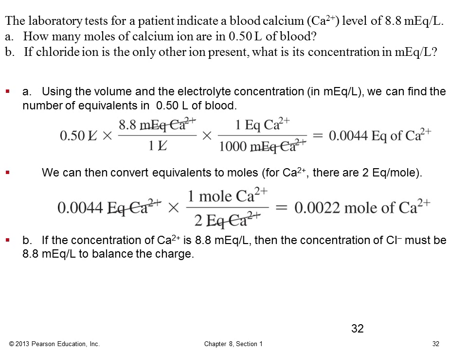That works out because we have 2 moles of chlorine for every 1 mole of calcium, but chlorine only has a -1 charge. So the equivalents are the same for chlorine as for calcium, and we have the same concentration of milliequivalents per liter from the chlorine as from the calcium.